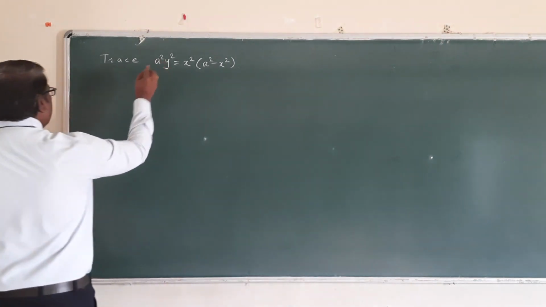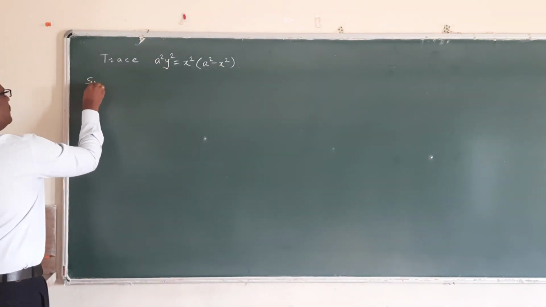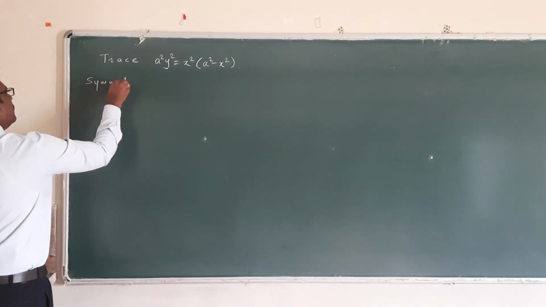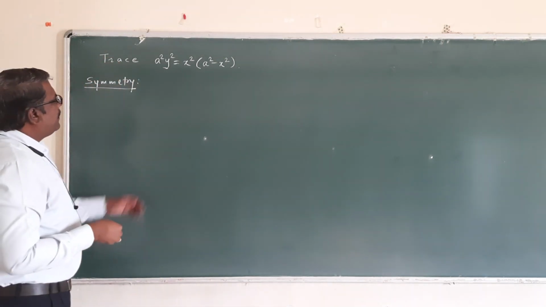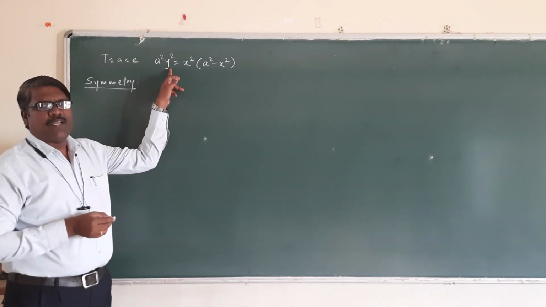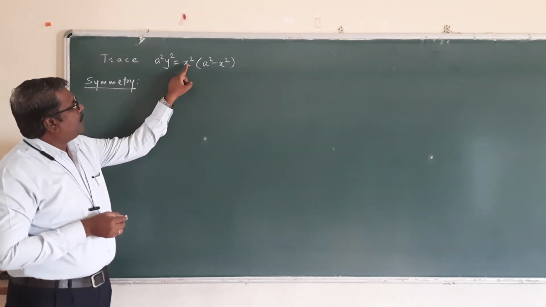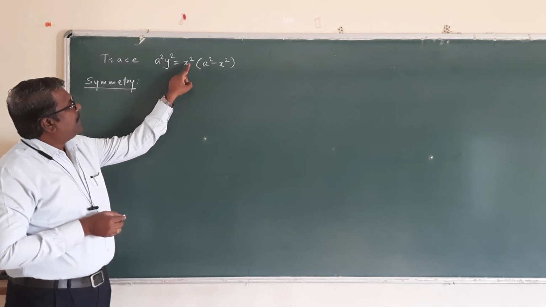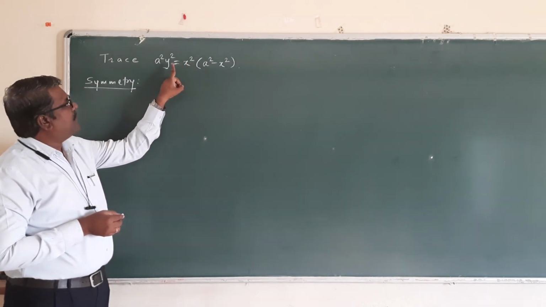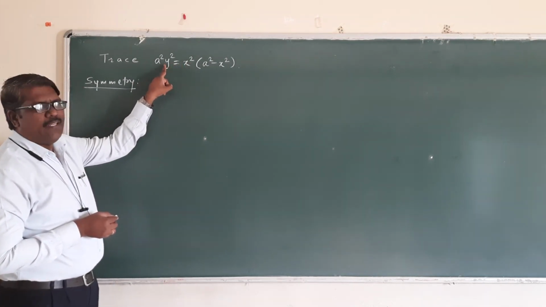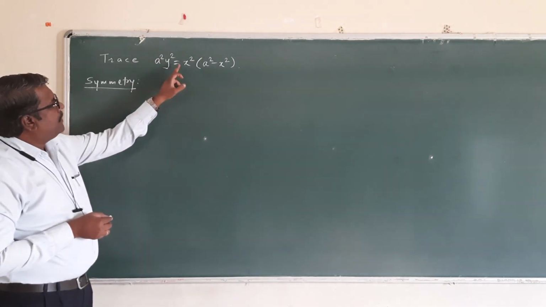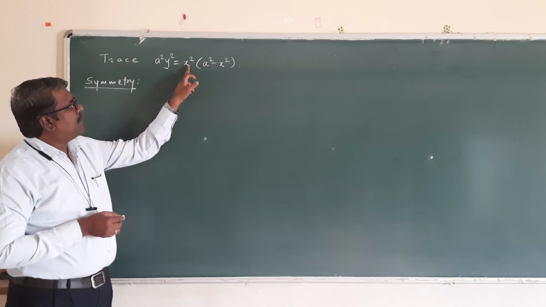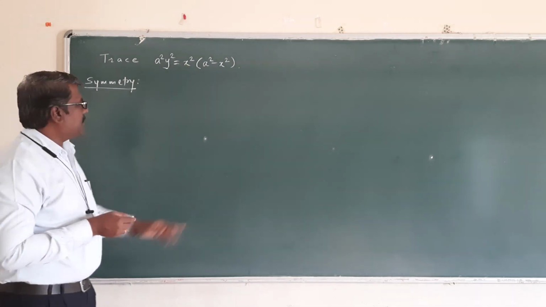So the first point is symmetry. As the equation of the curve contains even and only one power of x as well as even and only one power of y, this curve is symmetric about the y-axis and symmetric about the x-axis.